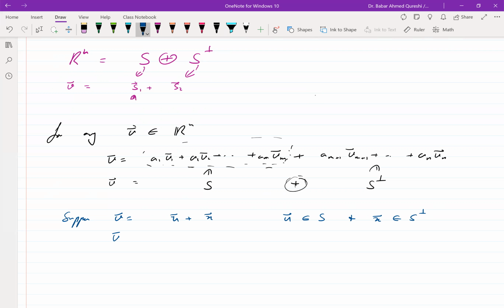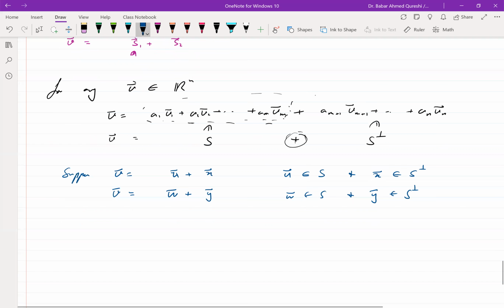And also because I can choose many bases in S and S perpendicular, I might think that this V, maybe I can also split it up in some other way, like this, W plus Y, where W belongs to S and Y belongs to S orthogonal.